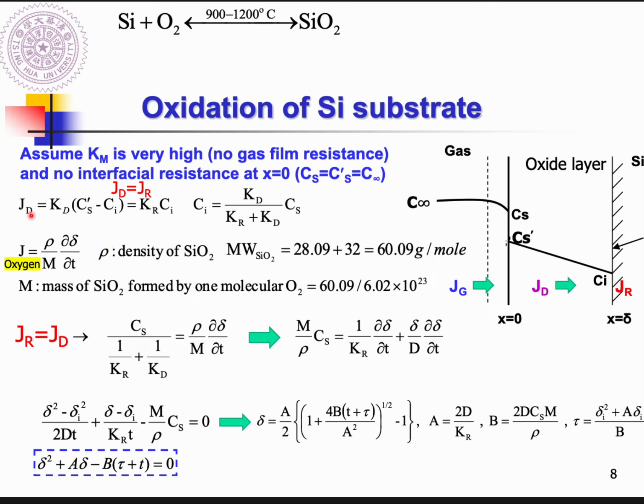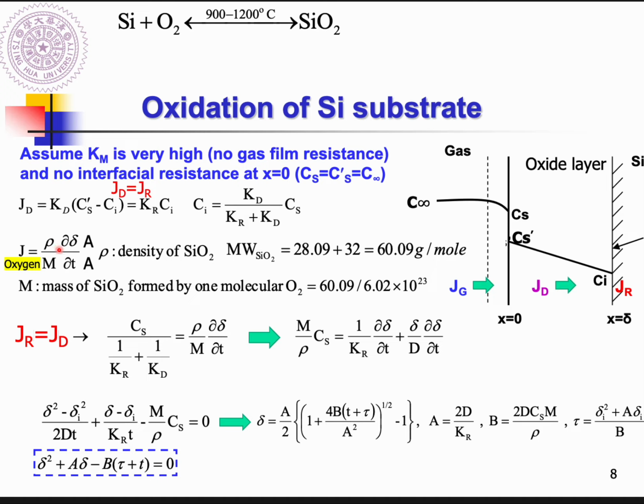The J oxygen actually is a Jd. J oxygen can also be expressed like this. Let me expand here. I want to try to link this flux J oxygen with the measurable delta, the thickness of the silicon dioxide layer.